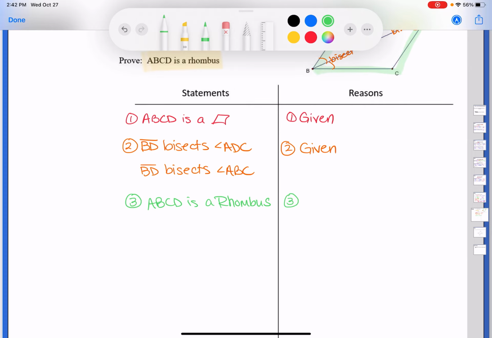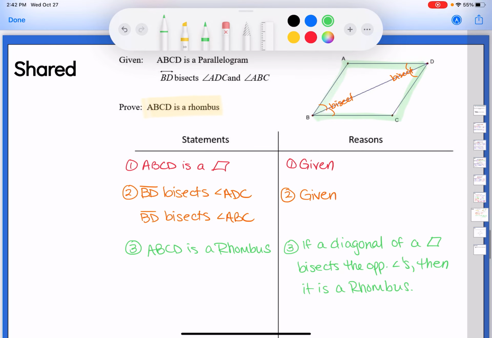So then I want to put in good if-then form, if a diagonal of a parallelogram bisects the opposite angles, then it is a rhombus. So you can use all those things, right? Just like we did in the if-then form, we wrote it down in perfect form just so that you can grab it and plop it into your proof the way it is.